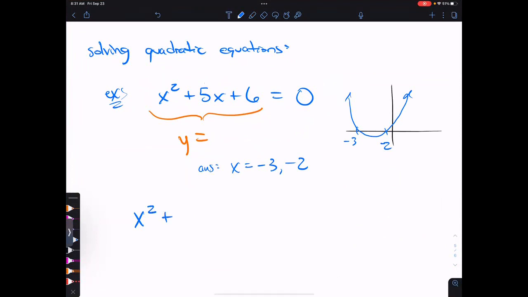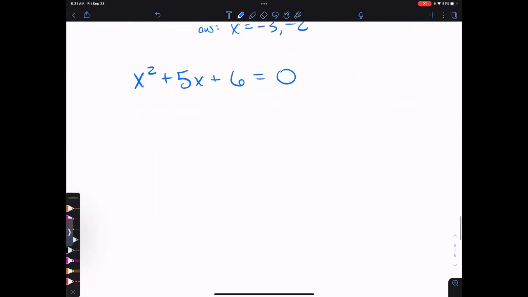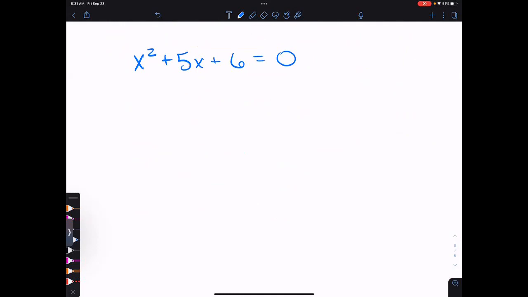So, any ideas on things we could do to solve that equation? We know the answers, right? What kind of algebra can we do to work through solving that? Subtract 6? Or factor? Say again? Some kind of ABC thing?